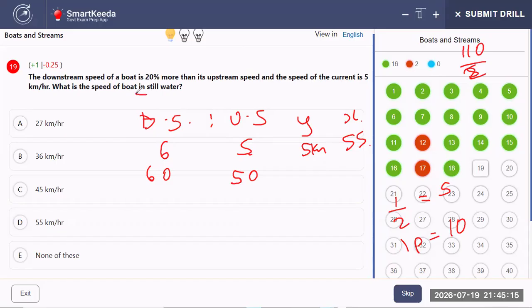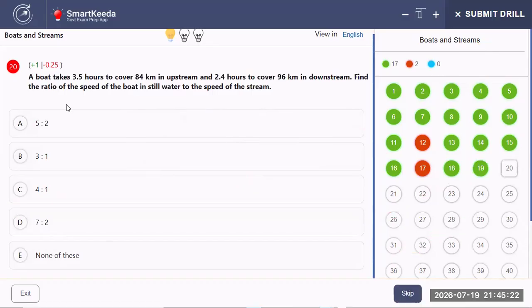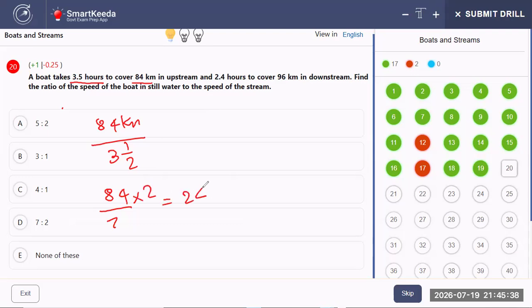The boat takes 3.5 hours to cover 84 kilometers upstream. 7 into 2 is equal to 24, so the upstream speed is 24 kilometers per hour.